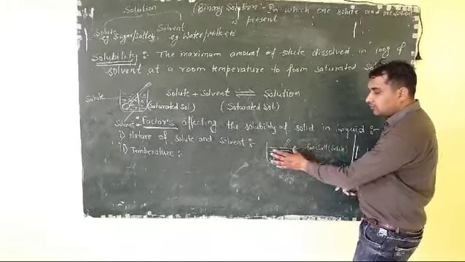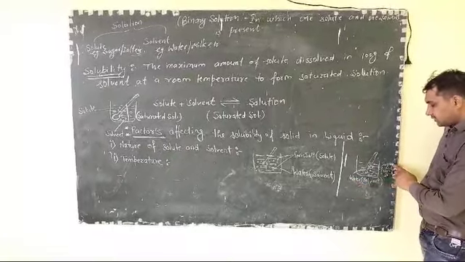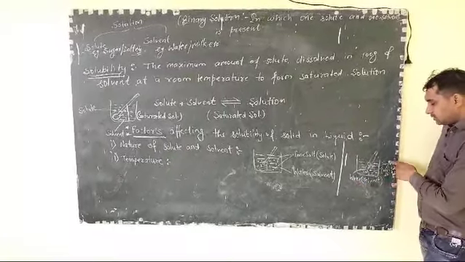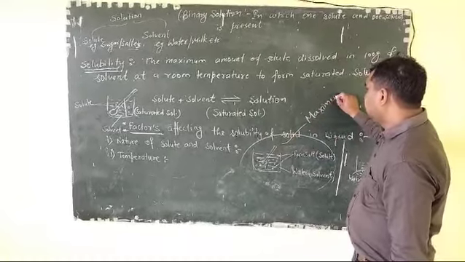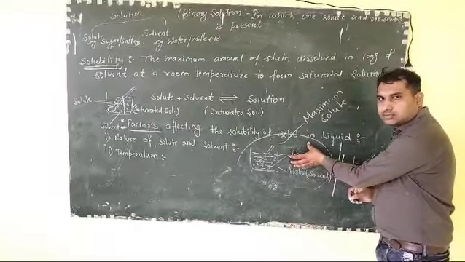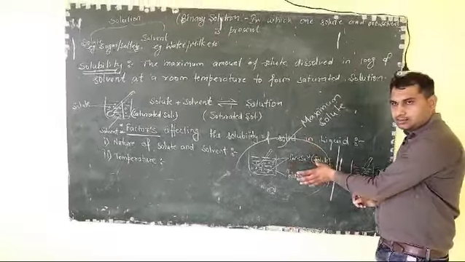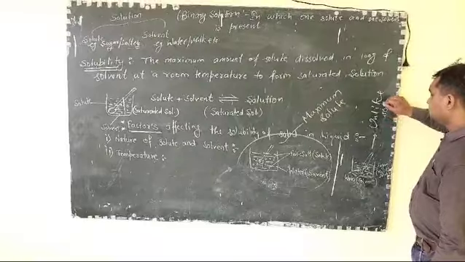And second, if you take water as the solvent and sugar as the solute, the maximum solute can be dissolved in a polar solvent as compared to a non-polar solvent.